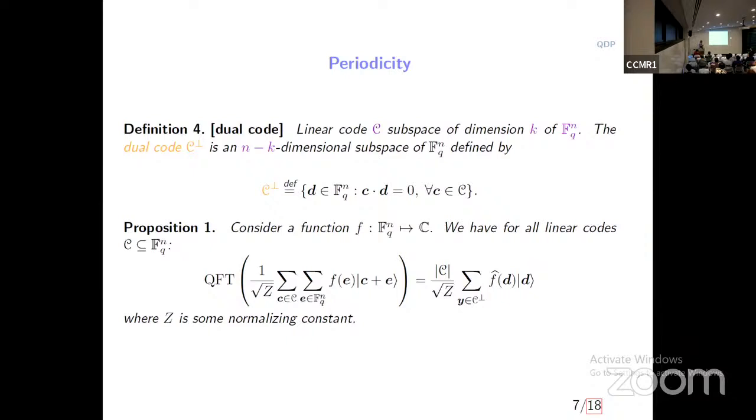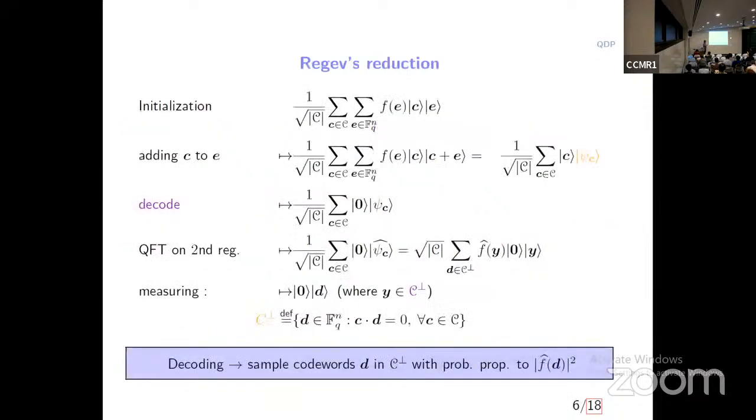And somehow, if you go back to Regev's algorithm, what you expect if you measure something like this, if this f here is supported on small weights, is that the quantum Fourier transform is also supported on some small sets.